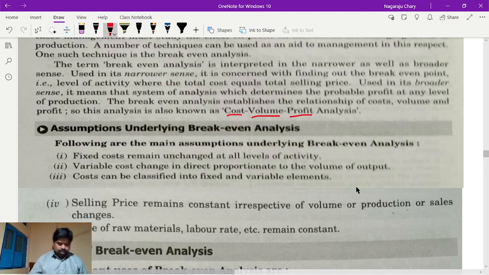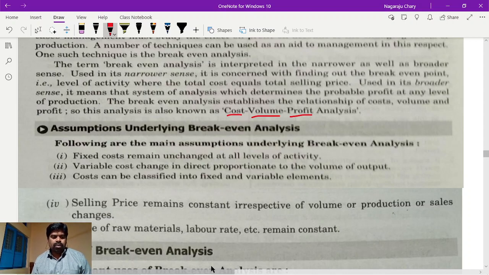That is the assumption. Fixed cost is fixed when we are calculating the break-even point. This is an assumption while analyzing this point.